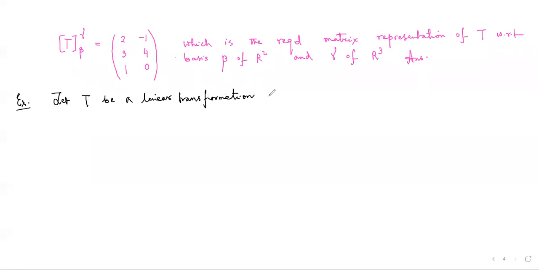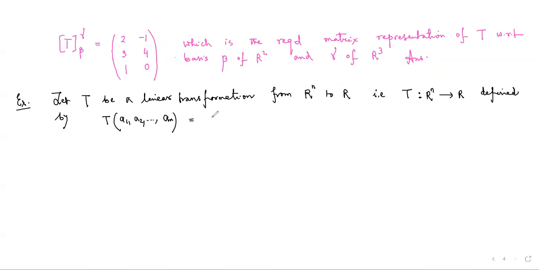Let T be a linear transformation from Rn to R, where R is the set of real numbers, that is T: Rn to R, defined by T of (a1, a2, ..., an) equals a1 plus an.